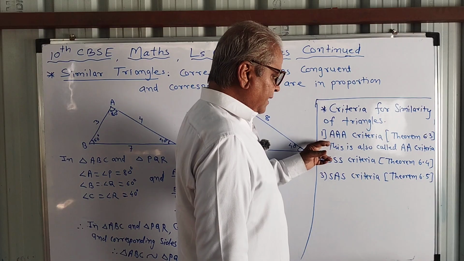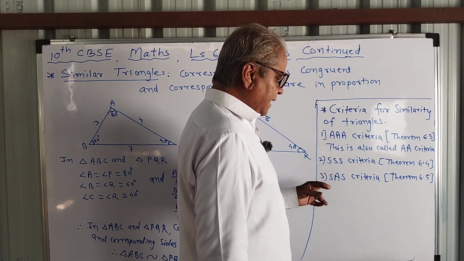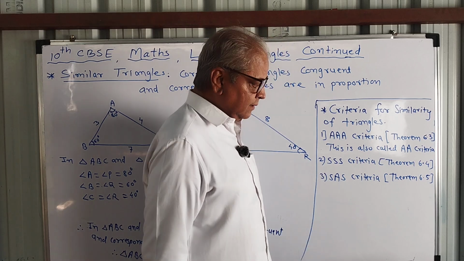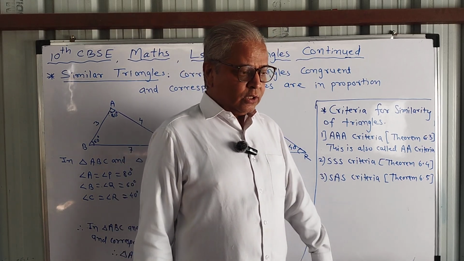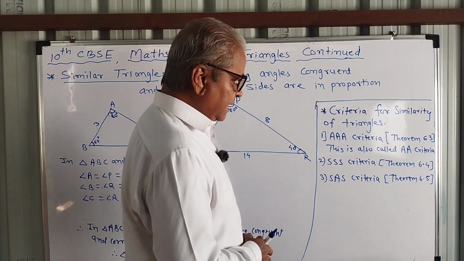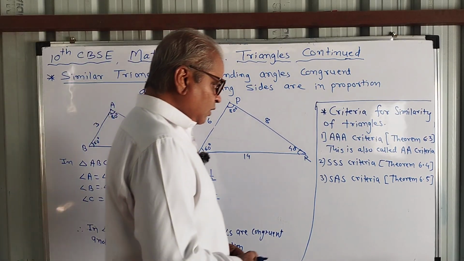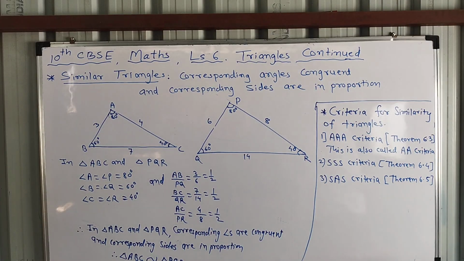So there are three criterions: the AAA or AA criterion, the SSS criterion, and the SAS criterion. Depending upon these three criterions, we will solve exercise 6.3.